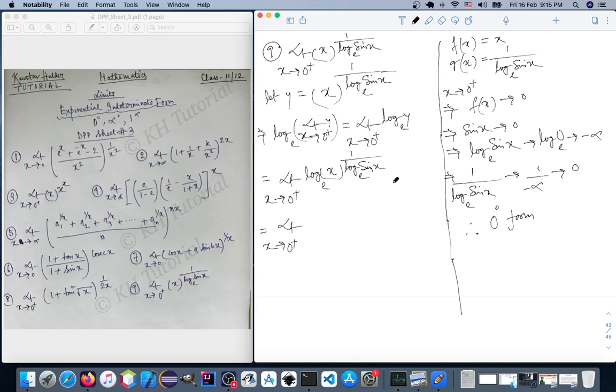The power 1 by log e sin x comes to the front, and we get log e x by log e sin x.